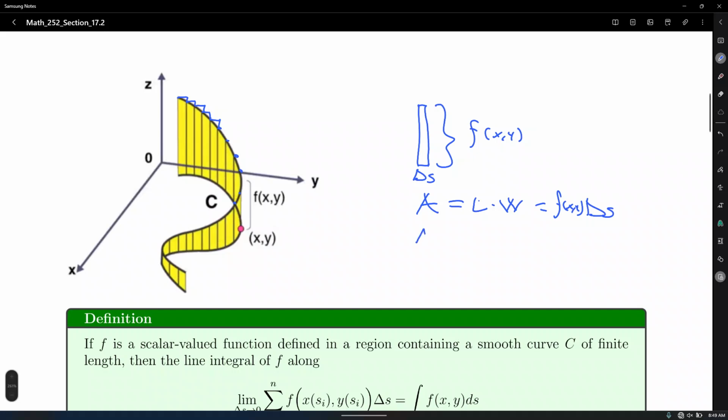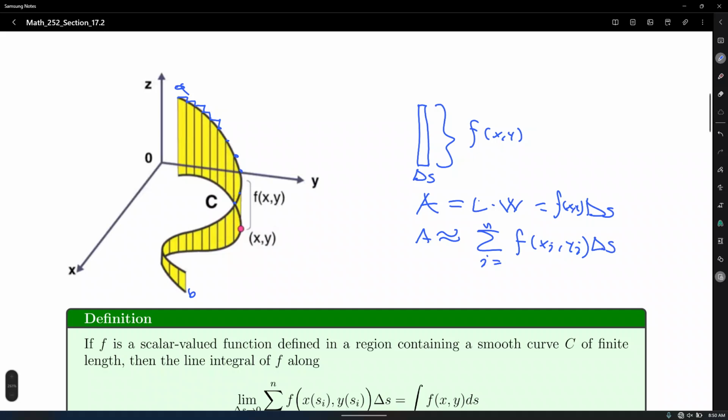So if I wanted the entire area from point A to point B, for instance, I would need to add n of these. That is the sum of f of x sub i, y sub i, times delta S. The delta S doesn't come with an i subscript because it's the same length for every single rectangle.